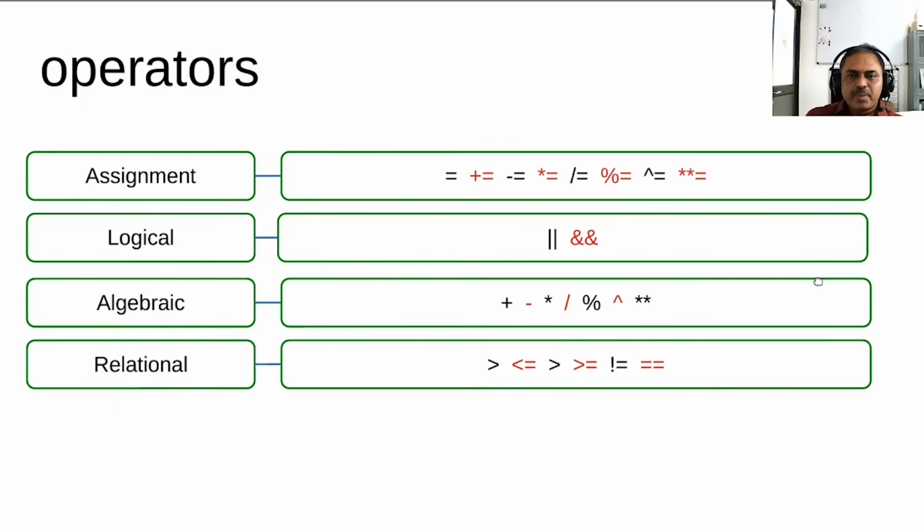So there are many operators available which make the awk language almost a complete programming language. You have assignment operators which are given in the sequence of precedence. Then there are logical operators, algebraic operators that will help you to do arithmetic, and relational operators for the strings and for comparison purposes.